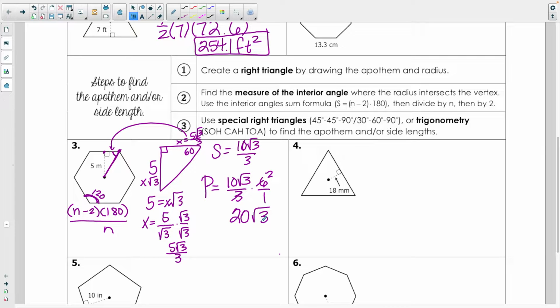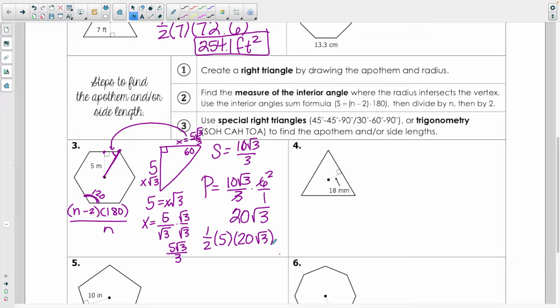Okay, so we did all that work to get the perimeter. So now we're going to plug it into the formula. 1/2 apothem, which is 5, times perimeter, which is 20 square root of 3. It doesn't matter which one of these you have. You can have the 5 or have the 20, but don't have them both.